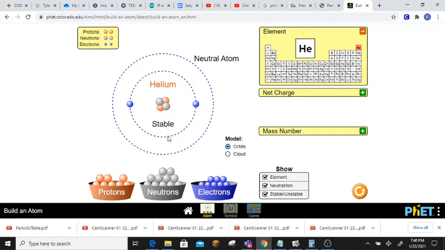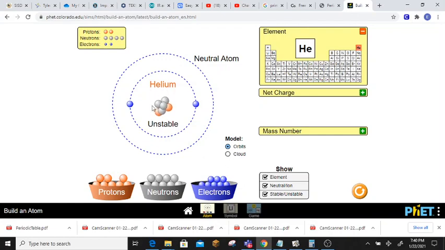So what they do is they look at all the different types of helium atoms that exist, and they say, okay, well, there's 3 isotopes: one that has 2 neutrons, another that has 3, and another that has 4. Those are the only ones that exist. I'm making this up. I don't know exactly how many isotopes there are of helium, but that's the general idea.